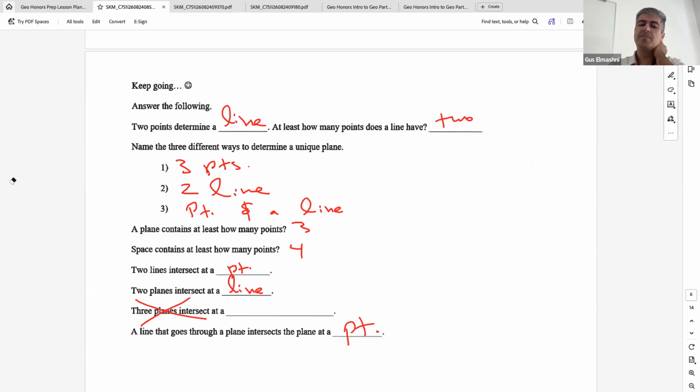No, I could answer that question. I'm overthinking this one. I still don't like it, but it is a line. If all 3 of them are intersecting, it would still be a line. I just don't like that question. Okay, we're good.